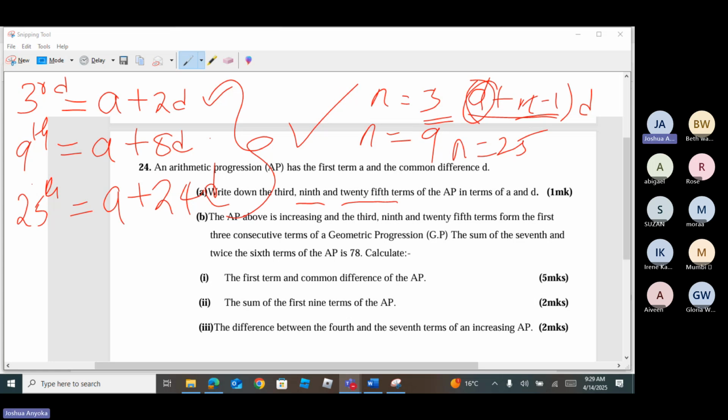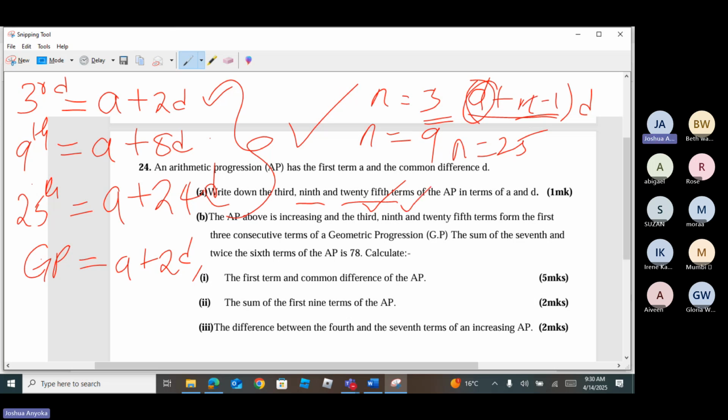Now you must build the question from that end. Try to bring in what you know. So the third term, 9th term, 25th term. B, the AP above is increasing, and the third, 9th, 25th terms form the first 3 consecutive terms of a geometric progression. So this will now change to a GP. We are told the third term, which is A plus 2D, forms the first term.